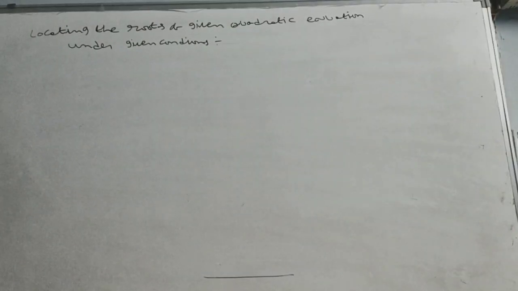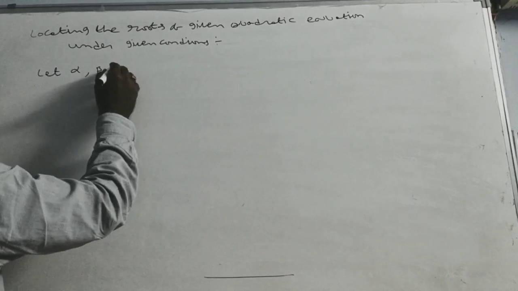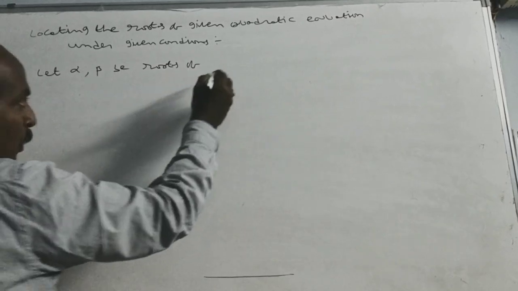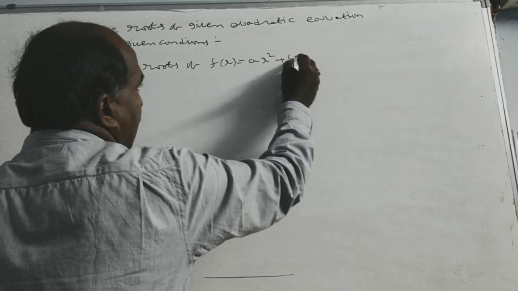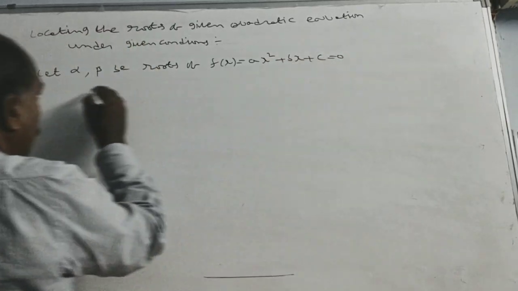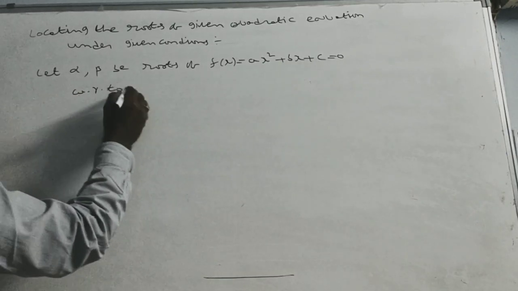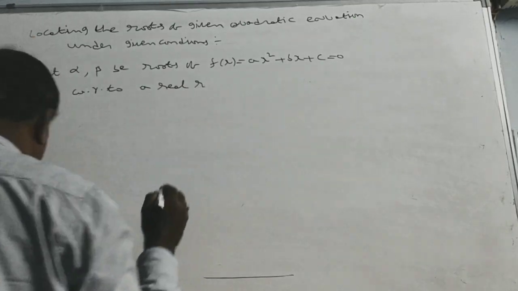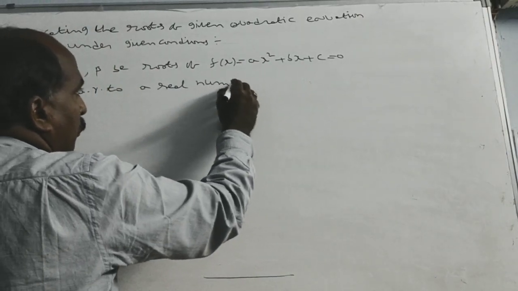Let alpha, beta be roots of the quadratic equation f of x equal to ax square plus bx plus c equal to 0, with respect to a real number k.